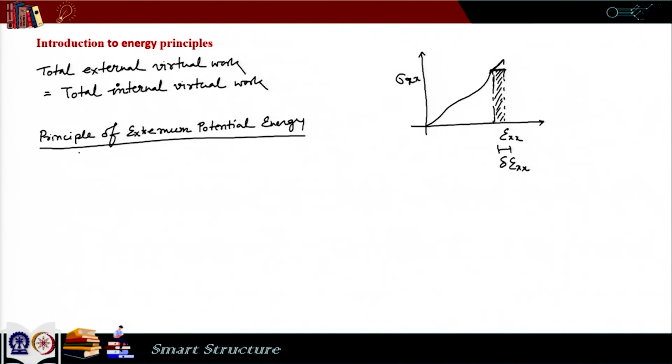Here we define something called total potential energy, Pi of the entire body, and that has two components U and V, where U is the total strain energy, and V is the potential of the applied load.